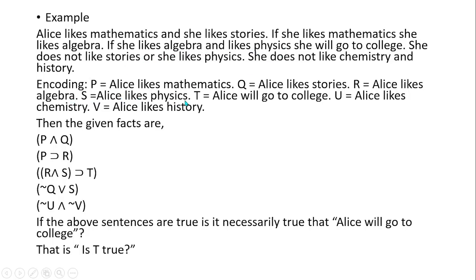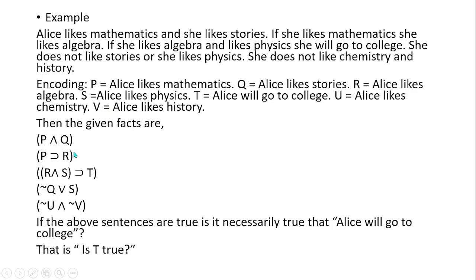Physics we take as S. Alice goes to college as T. She doesn't like stories or she likes physics. Physics we already did. She doesn't like chemistry and history. For chemistry we took U, and for history we took V. So for every sentence we took a symbol.